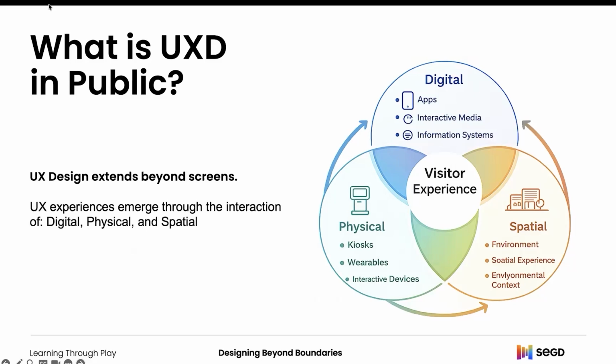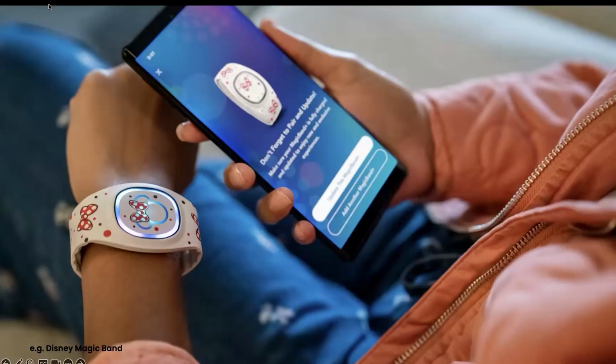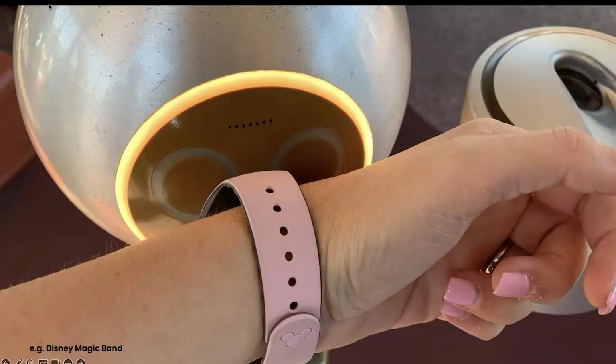To make this framework tangible, my students examined real-world precedents. The Disney Magic Band ecosystem demonstrates how a mobile app, a wearable device, and the physical park environment can work together to create seamless, personalized visitor experiences.